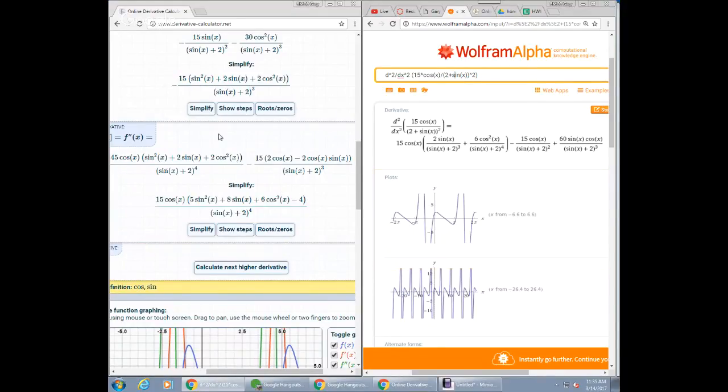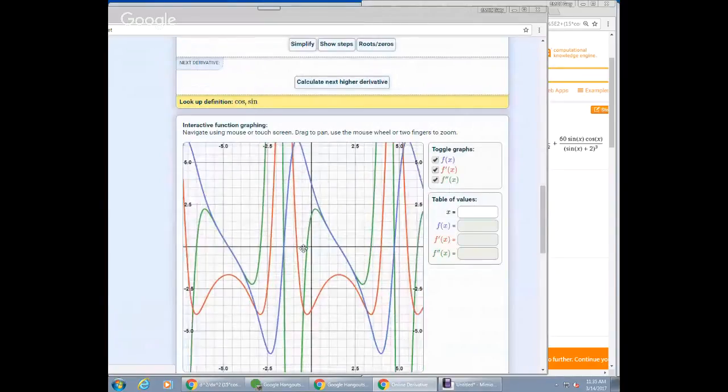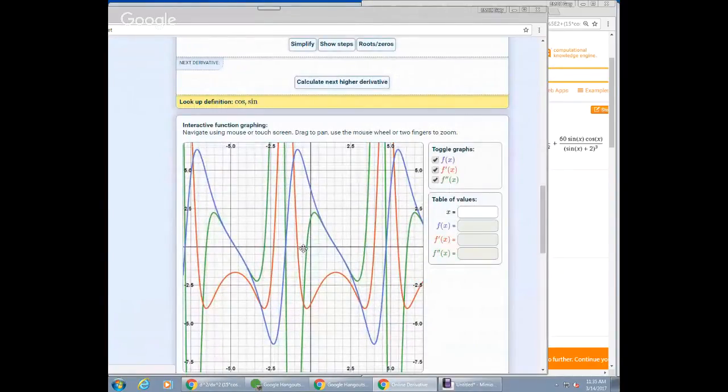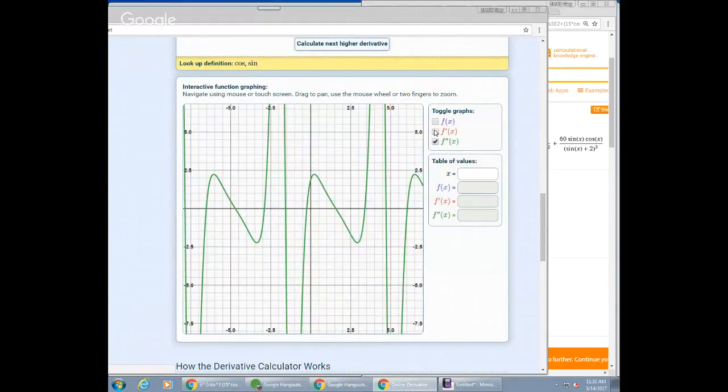Plots. This one right here. It'll let me change the graph. Oh, nice. I can turn those off. I'm pretty sure pi over 2 is going to be infinite.